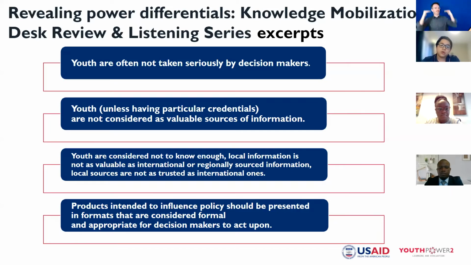And we also found that youth are considered not to know enough, but it is not just about knowing enough or too little. It's also about what type of knowledge we hold and what type of information that knowledge is based upon. We found that local information is often not as valuable as internationally or regionally sourced information, and local sources are not as trusted as international ones.